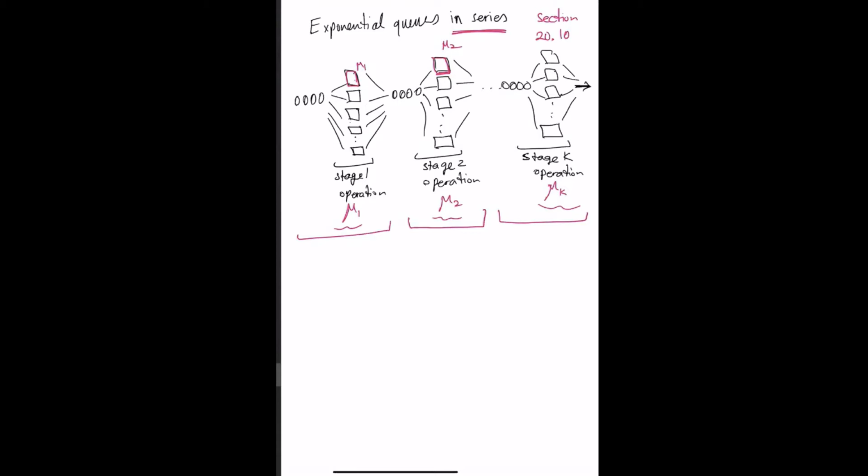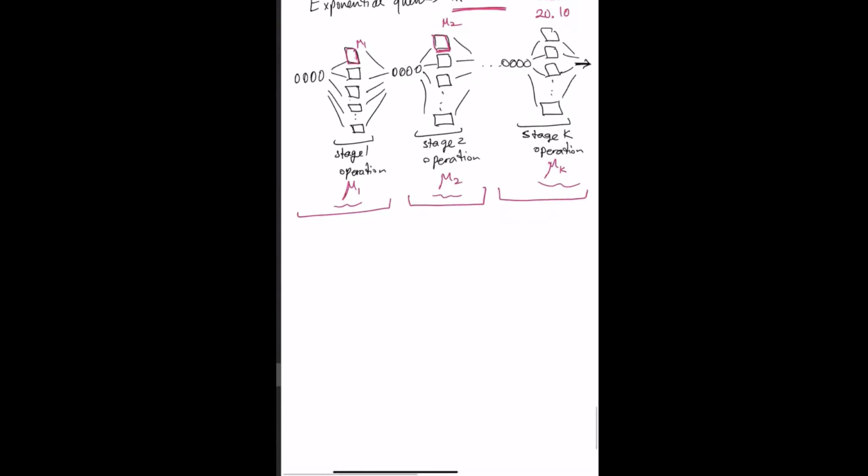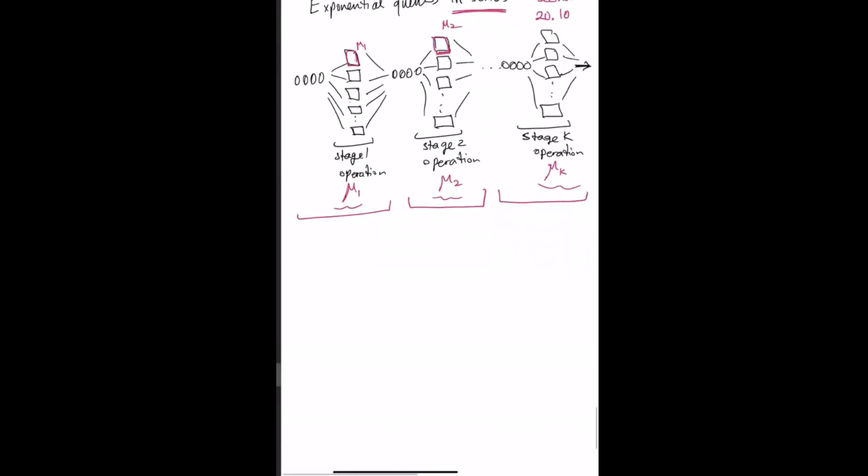The number of servers in every stage can vary from 1 to any number that you want. The diagram you see here is a general scenario where each stage can have as many machines as possible.